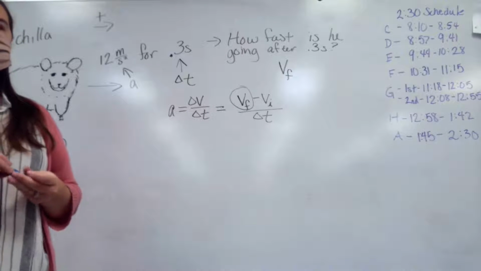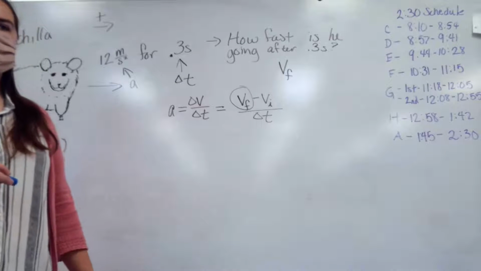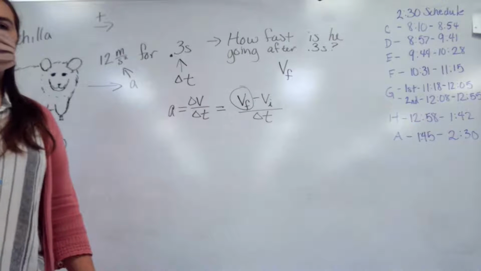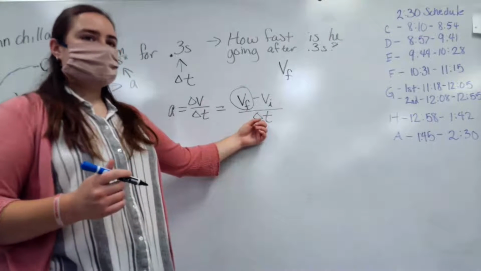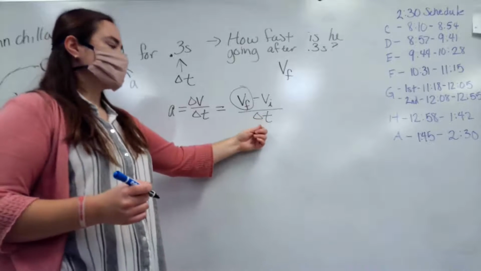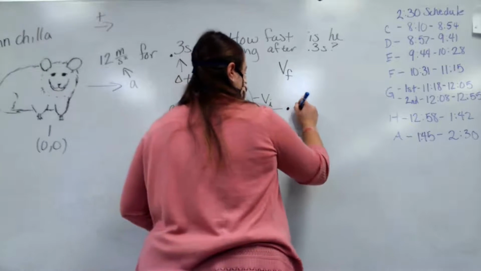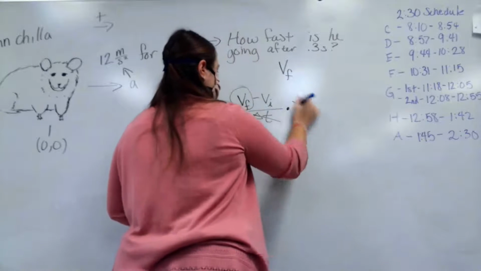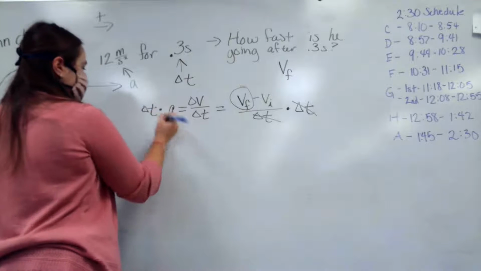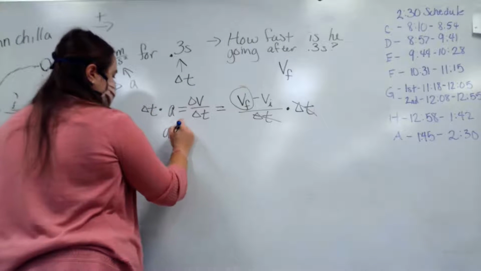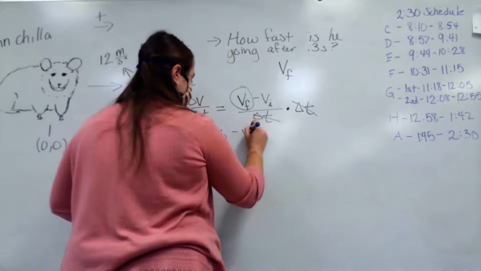What was the thing I said was always a good idea, the first thing to do in the last problem? Yeah. Is that the denominator? Yeah, so get rid of the stuff in the denominator. So what we want to do is multiply both sides by t. So we got delta t canceling out over here. We need to multiply it by over here. So we get a delta t equals v final minus v initial.